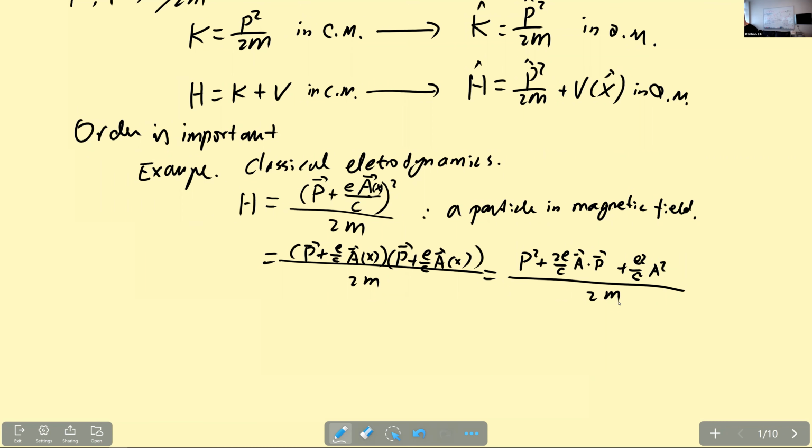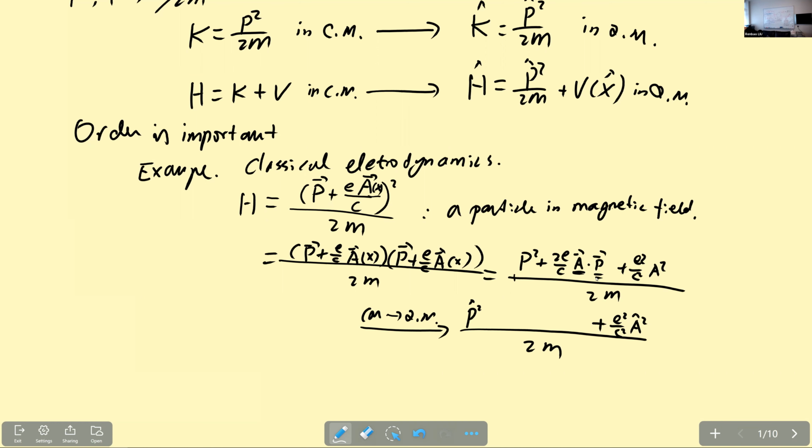If we do the translation to quantum mechanics, you can see that P squared is okay, and the last one is also okay. But then you're going to have a problem, because this one is a function of position.